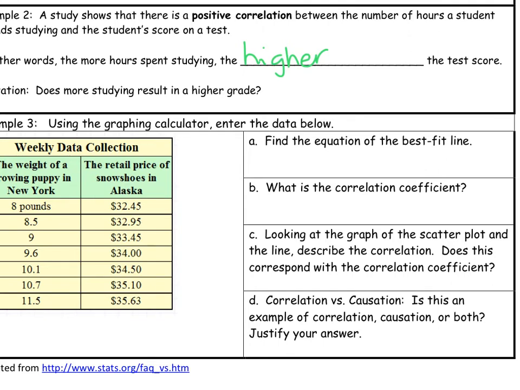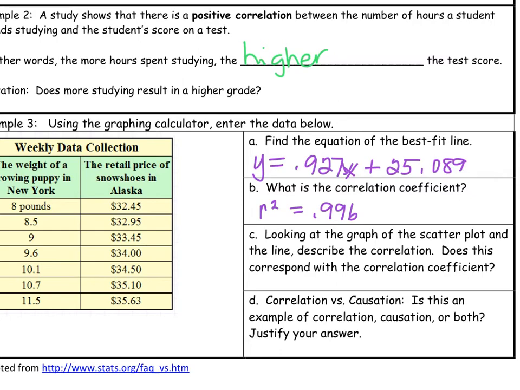So once you've done that, the equation for the line of best fit should be y equals 9.927x plus 25.089. And the correlation coefficient, we're going to use r squared, is 0.996.